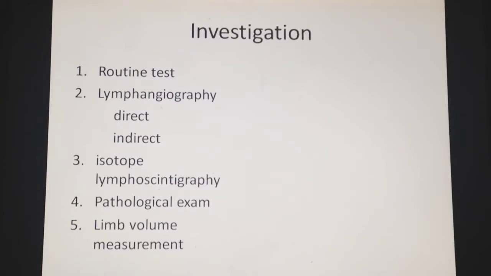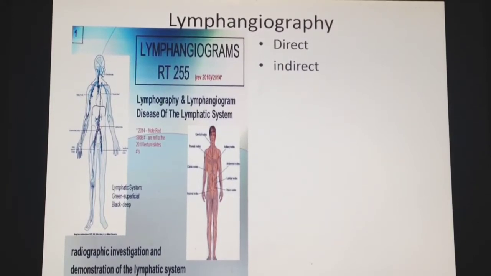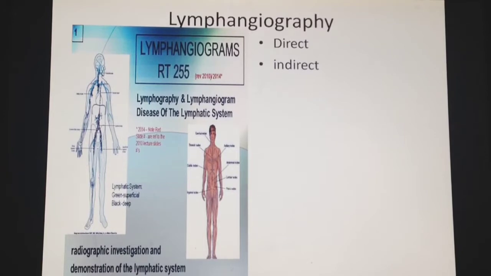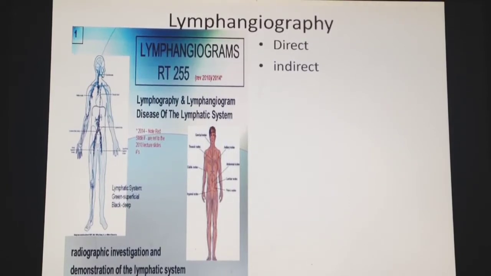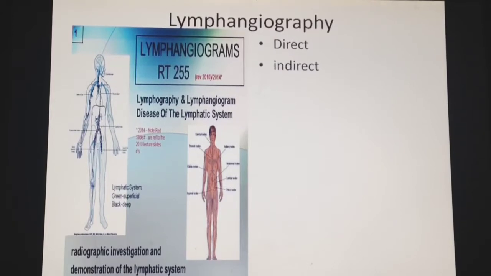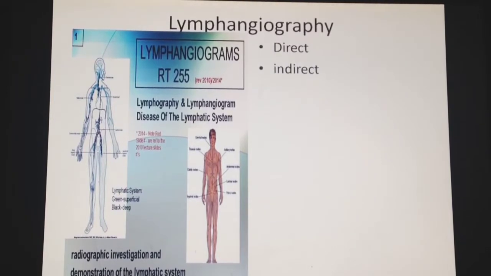Then we have lymphangiography, which can be done either directly or indirectly. This is a picture showing lymphangiography. In the direct one, what we do is we inject a contrast medium into the peripheral lymphatic vessels, then radiologically examine the nodes. By this, if there is any sort of blockage, we can identify it.